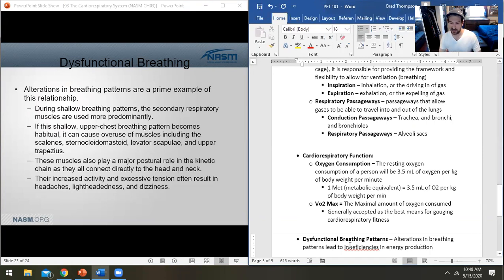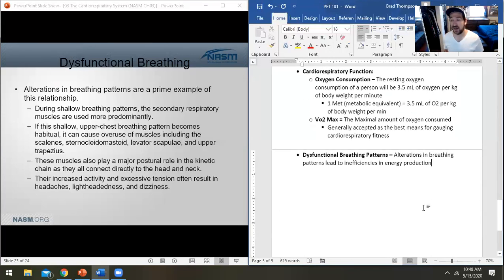So alterations in breathing patterns are going to lead to inefficiencies in our energy production, right? If we can't bring in as much oxygen as we're supposed to, that is going to lead to dysfunction, right? It can lead to dizziness, shortness of breath, and then obviously just getting tired during your workout. The burn will be too much for you to be able to keep going.